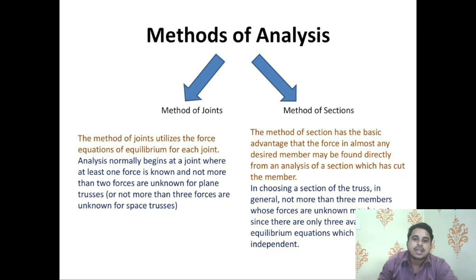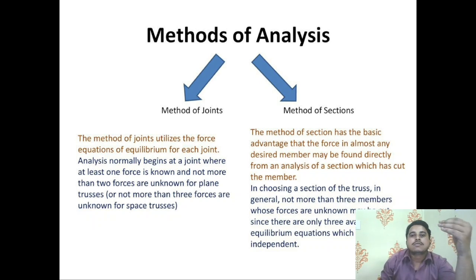So we will discuss method of joints. If the number of members is small in a truss structure, you can go for method of joint.